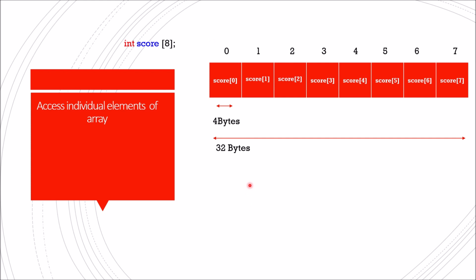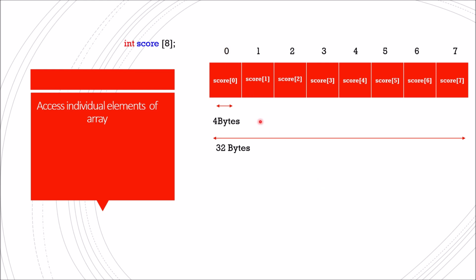As I was telling you, to access any individual element of the array, we reference it by using the name of the array, and within these square brackets we place the index, that is the position. Remember that the first position is enumerated with 0.